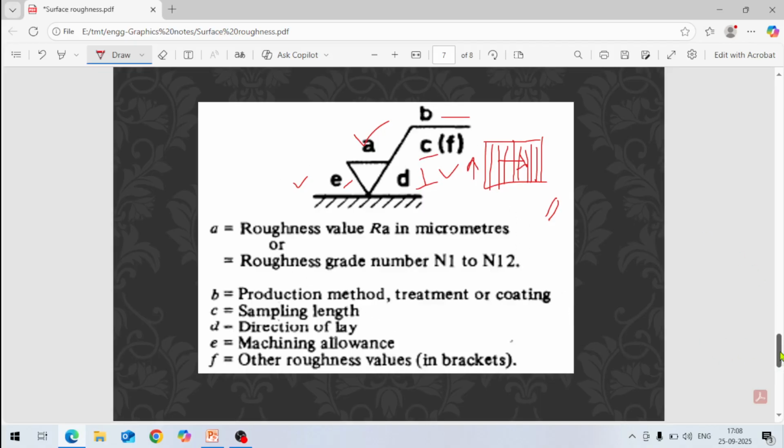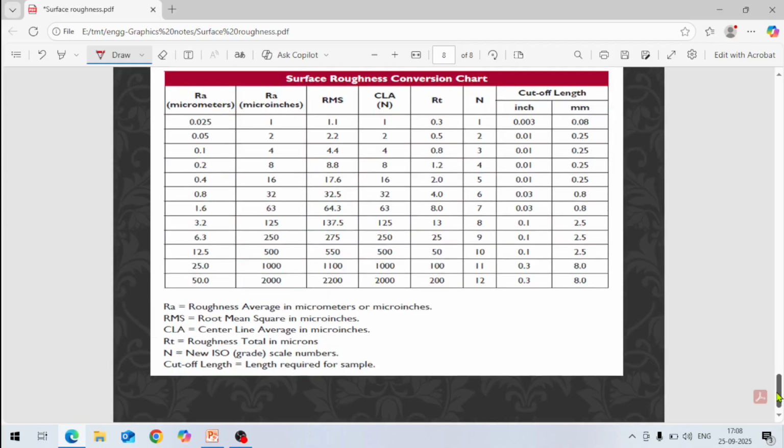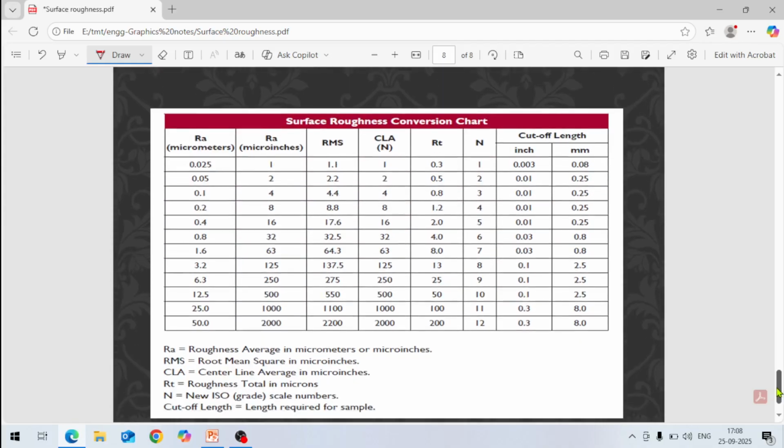Now let us discuss this comparison table. If you see here, this is given the RA value. In the comparison table, the RA value is in micro inches, and in microns.